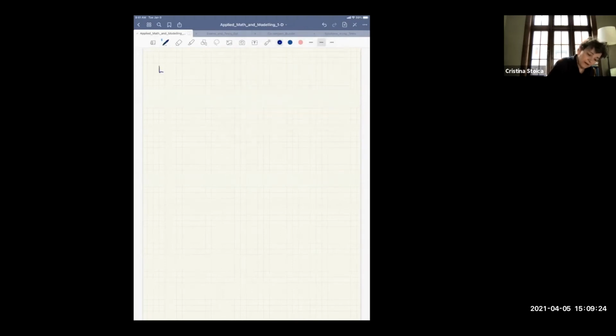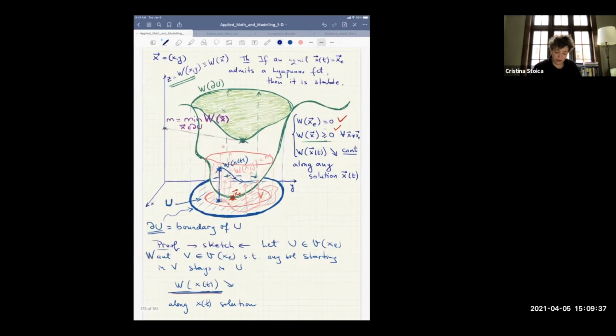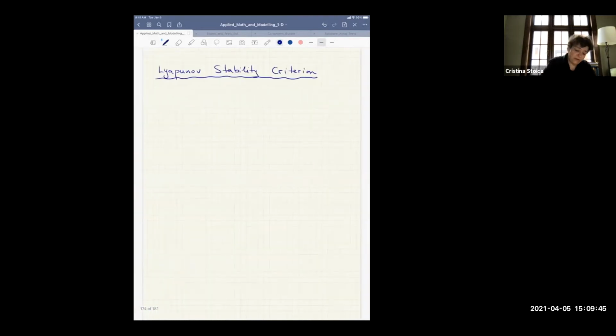So the Lyapunov stability criterion, okay? This condition is more general than the one I'm going to write, but the one I'm going to write now is the one we apply. So let x of t, xc, be an equilibrium.